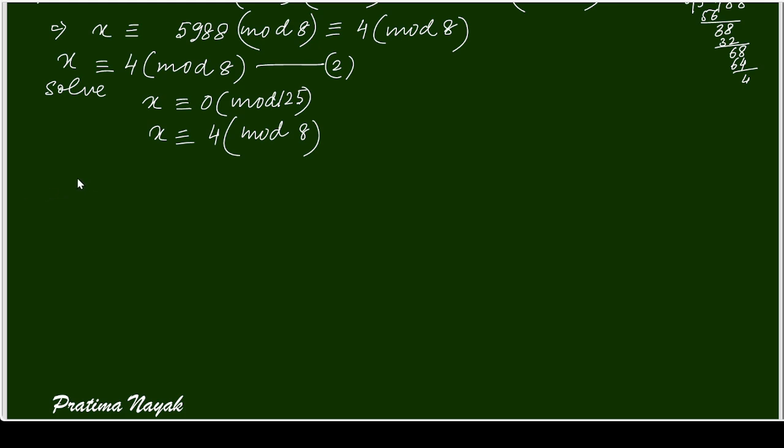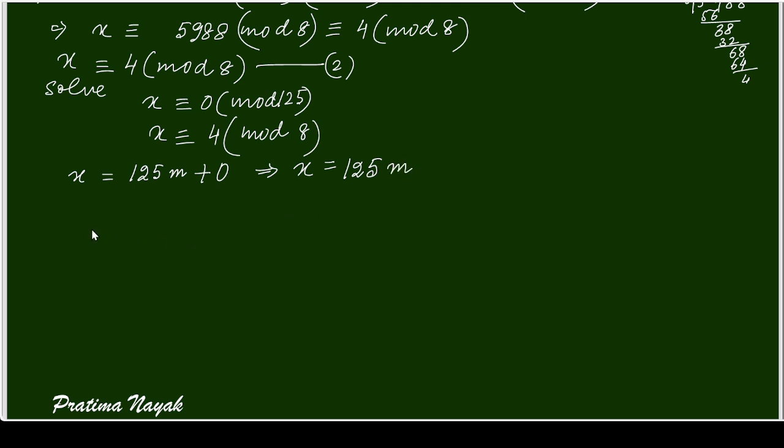So from congruence 1, I can write x equal to 125m plus 0. All this is the same as x equal to 125m, when m is any natural number.